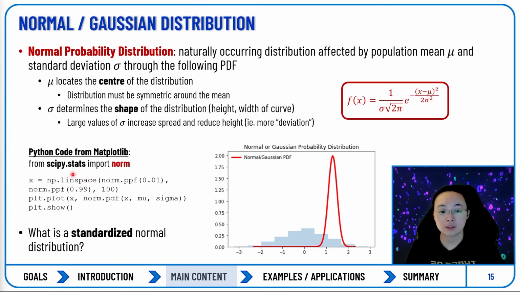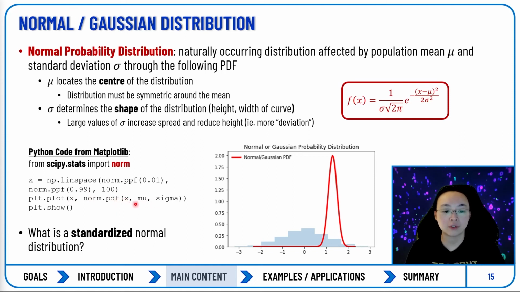Well, we're going to use the norm package from scipy.stats, and we simply do the same thing as before. We have our x values going from a ppf of 0.01 to 0.99, just to keep things consistent, and then going to 100, breaking it down into 100 points. We're going to plot the x values versus the PDF values for each of the x values.